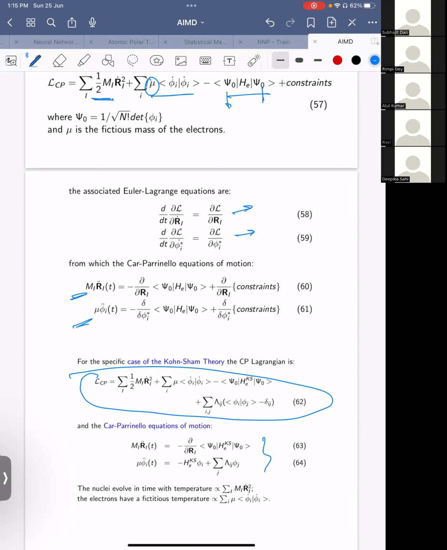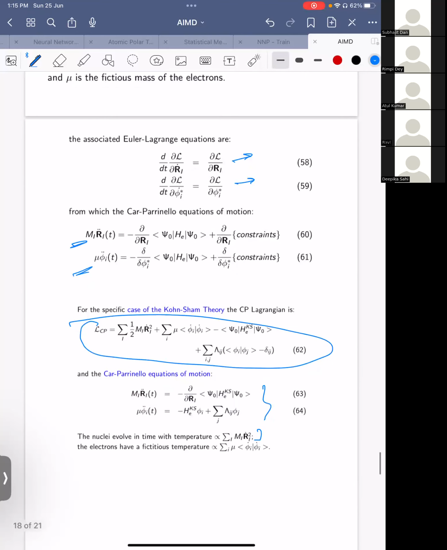The nucleus evolves in time at a certain physical temperature, which is directly proportional to the kinetic energy of the nucleus. And the electrons have a fictitious temperature, which is directly proportional to the electronic kinetic energy. Now, many of you here have heard of cold electrons.